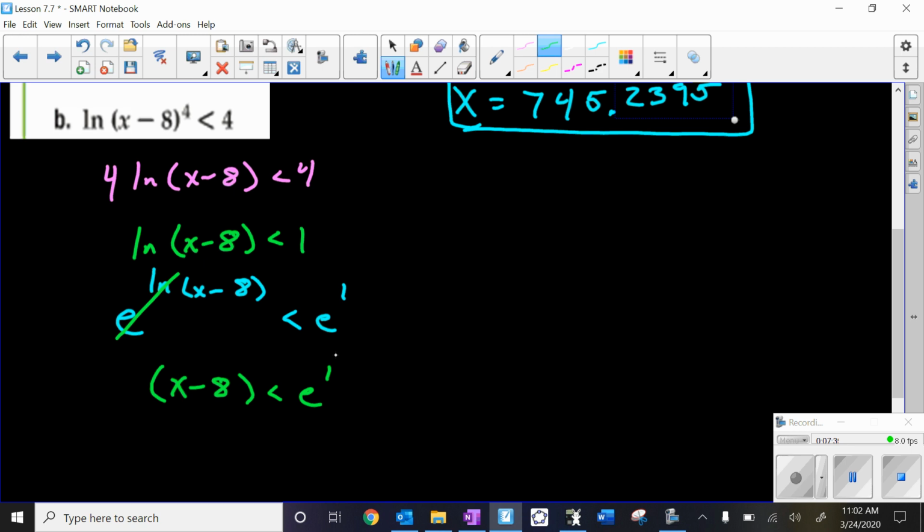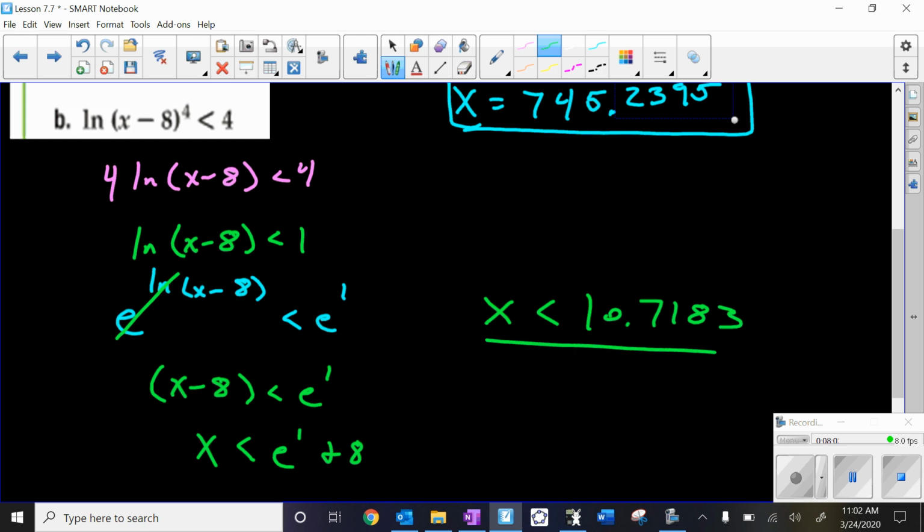And then to get x by itself, we're going to add 8 over. x is less than e to the first plus 8. You can plug that into your calculator. We need to say that x is less than, looking here, 10.7183 when you plug that into your calculator.